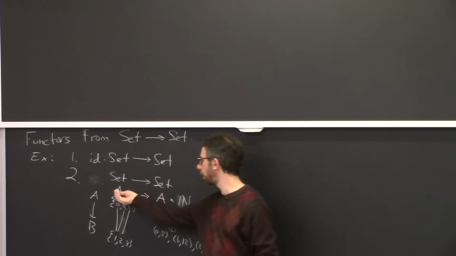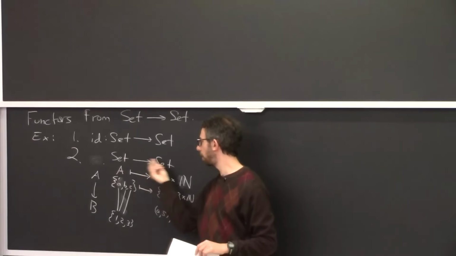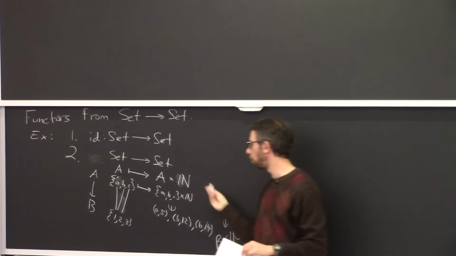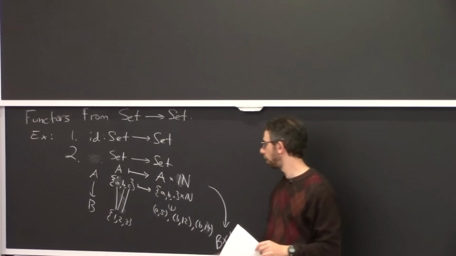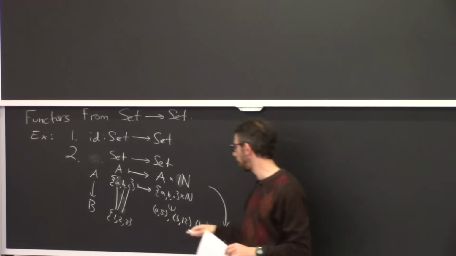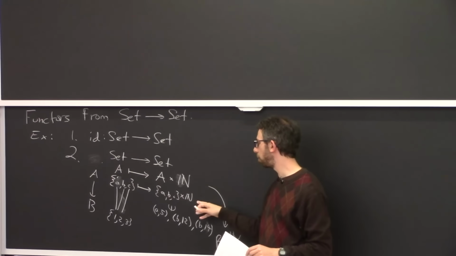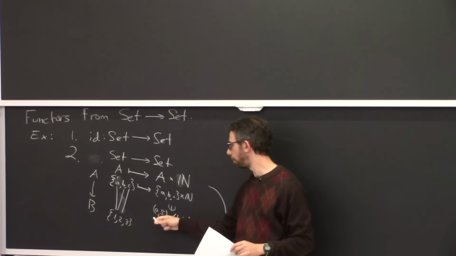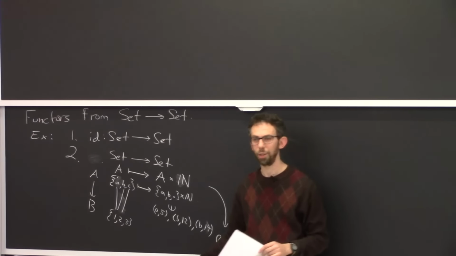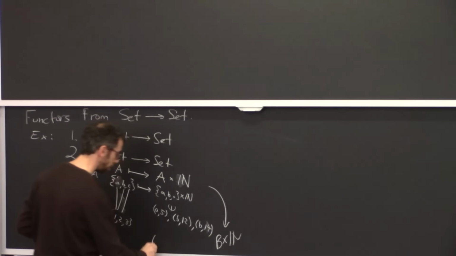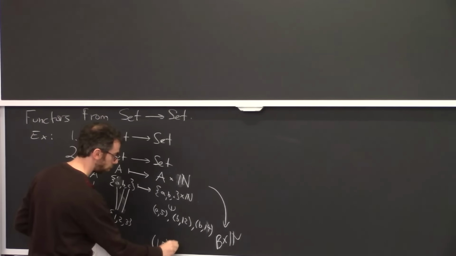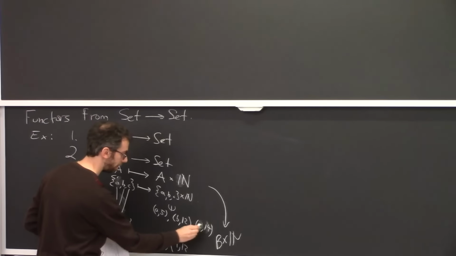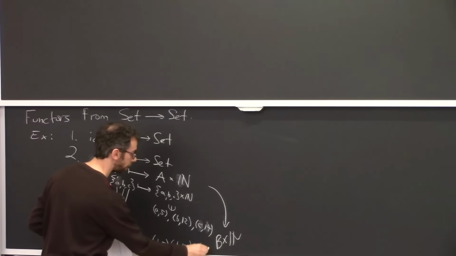Because every object here is sent to an object, every set is sent to a set, and every morphism is sent to a morphism or function. So the function sending ABC to 1, 2, 3 like that needs to send every element of this A times n to an element of B times n. Where does it send A comma 5? 1 comma 5, yep. And then 1 comma 5, 1 comma 12, 2 comma 14.